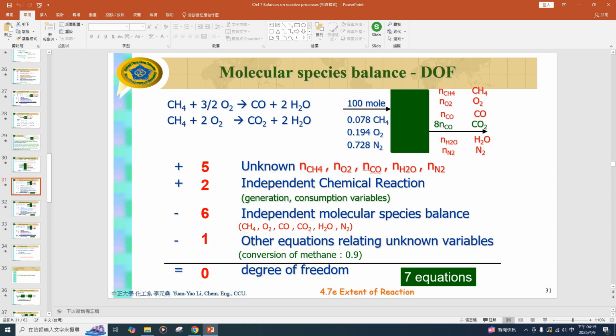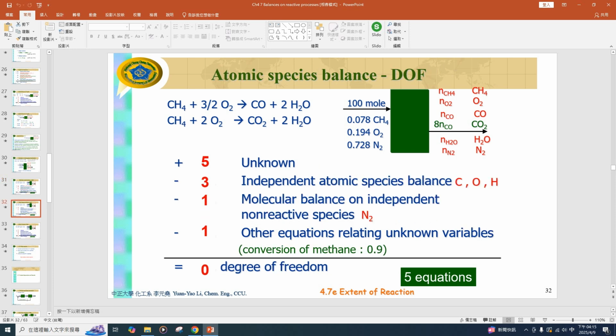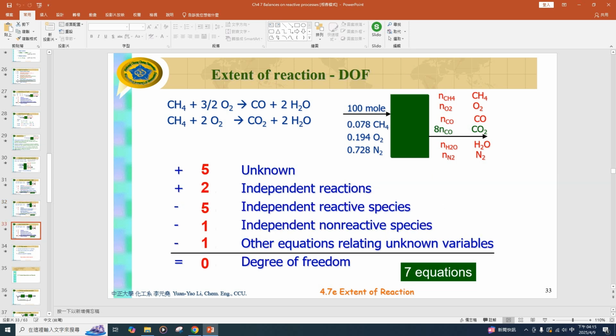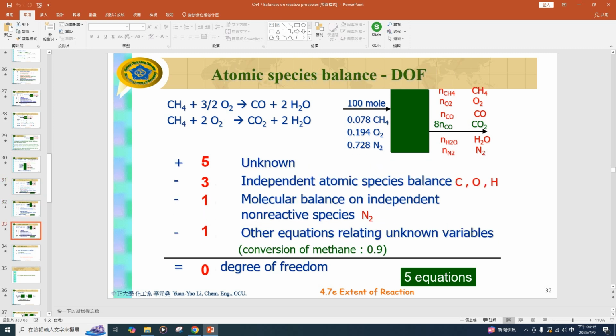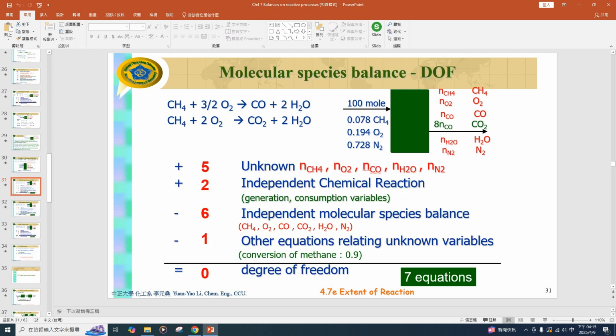Last week we learned how to do mass balance in terms of molecular species balance, atomic species balance, and extent of reaction. Among these three, the most important thing is to do the DOF first.